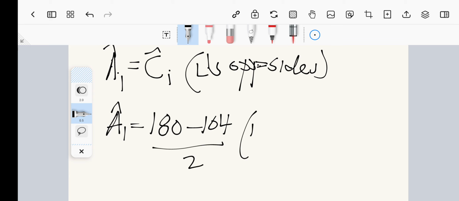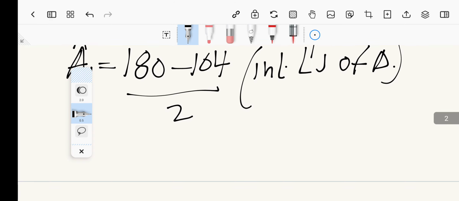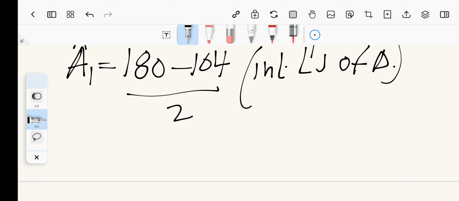The reason for this is the interior angles of our triangle. Let's put that into the calculator: 180 minus our 104, divide that answer by 2, and it's going to be 38. So we know that A1 is going to be 38 degrees.